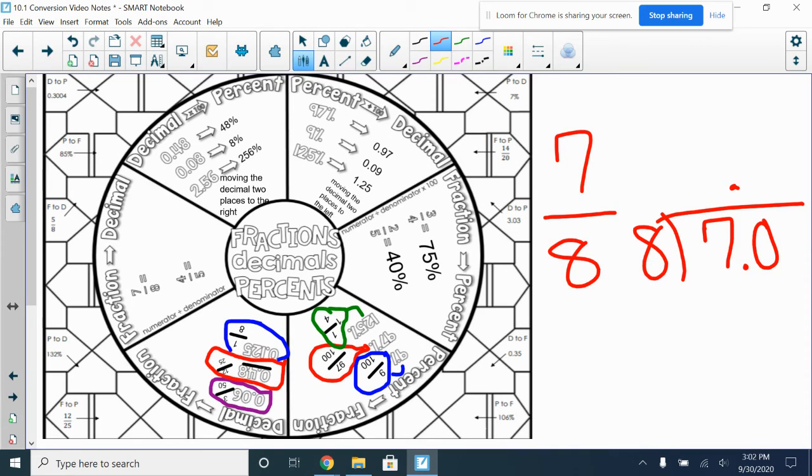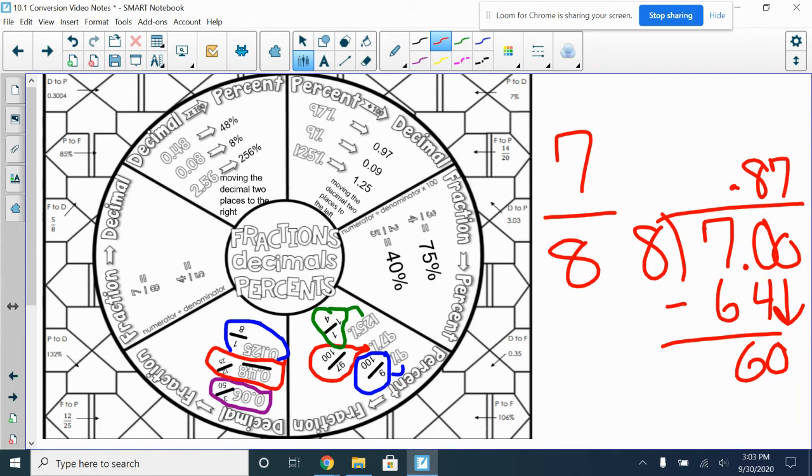8 goes into 70 8 times, which is 64. 70 minus 64 is 6. We're going to bring down another 0. 8 goes into 60 7 times, which is 56. 60 minus 56 is 4.